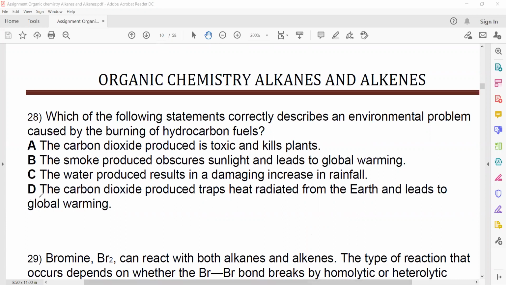D is the right answer because carbon dioxide produces toxic and kills plants. Actually, plants use carbon dioxide to prepare glucose. Smoke produced obscures sunlight and leads to global... it's not global warming, it's called global dimming, a reduction in the intensity. The water produced results in a damaging increase in rainfall. That's not true.